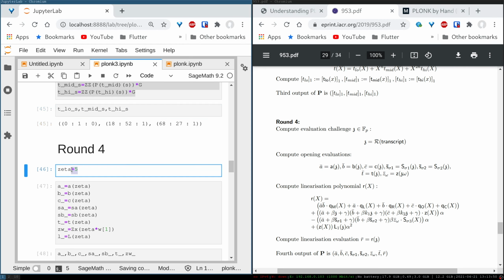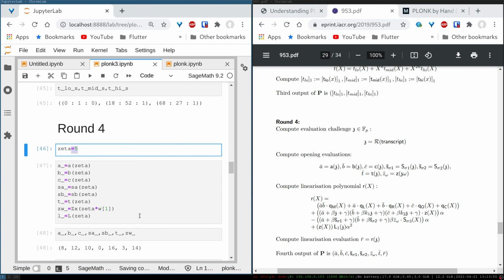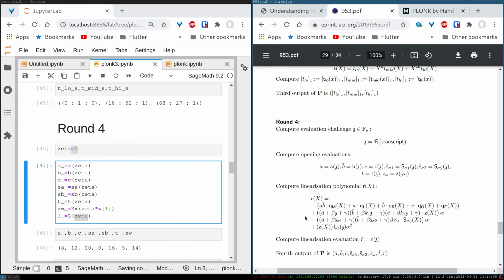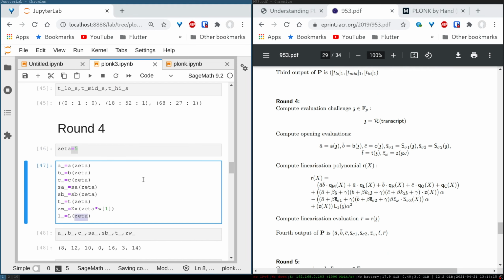Here we set zeta to 5, and we compute this pretty simple stuff, which is the evaluation of A, B, C, SA, T, ZX, and L at zeta, and zeta times omega. W, actually omega.